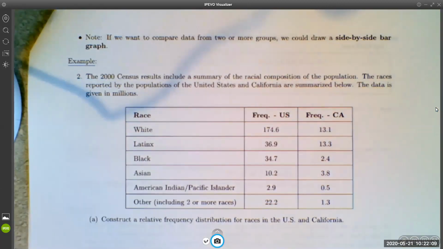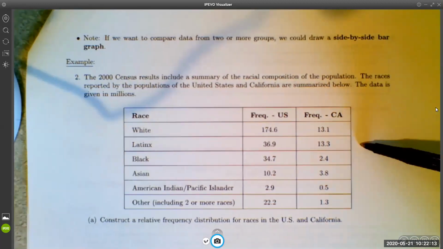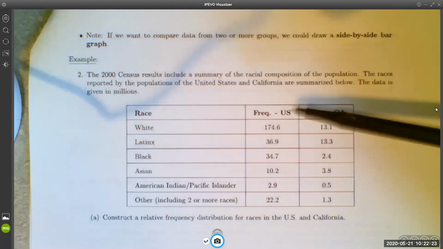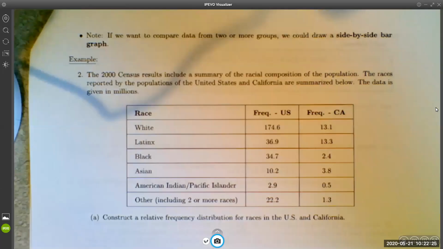Anyway, so that's how we would read this chart. You'll notice that this is not raw data, okay? The raw data would have consisted of a list of, I mean, there are like 300 million people in the United States or something like that. So the raw data would have been a list of 300 million races, right?